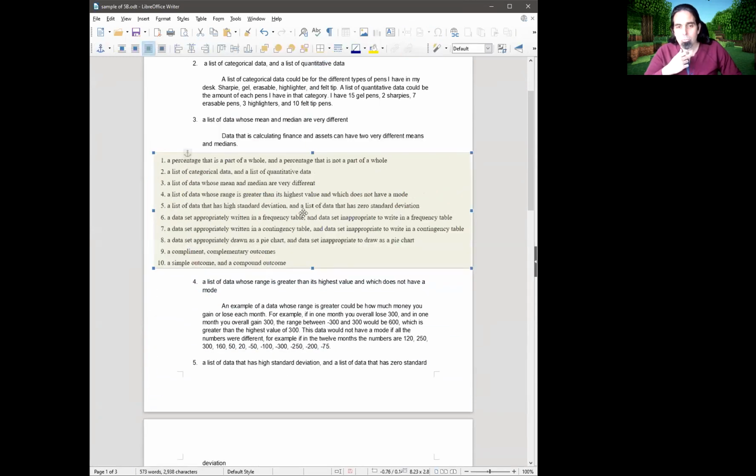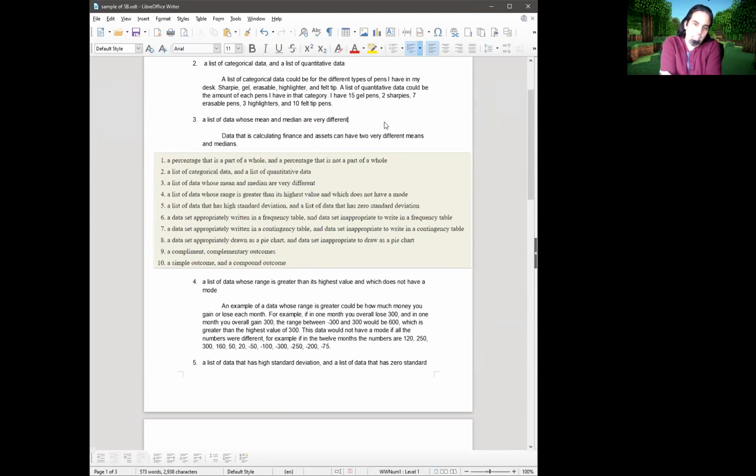Okay, a list of data whose mean and median are very different. Remember that the reason we use median is things like neighborhood home values or salaries in a business where there's a whole lot of change. So if you want to make your mean and median very different, make a kind of dumb data set with a whole lot of zeros or a whole lot of big numbers. An easy example is, how much do I spend at Costco every day in January?